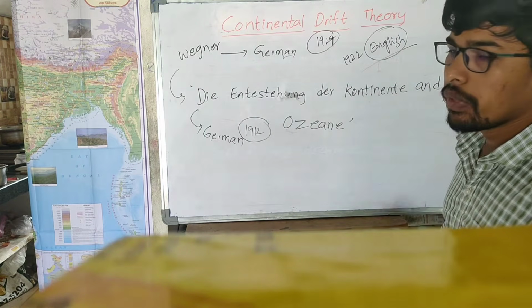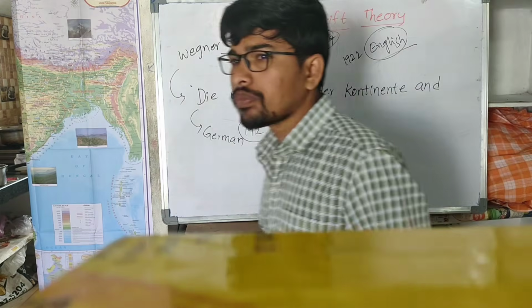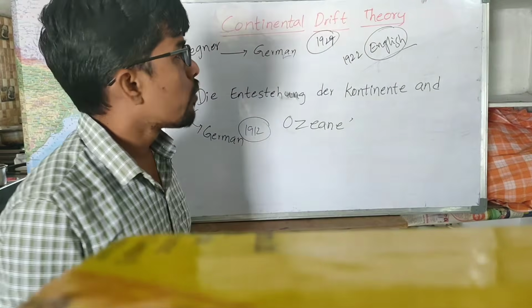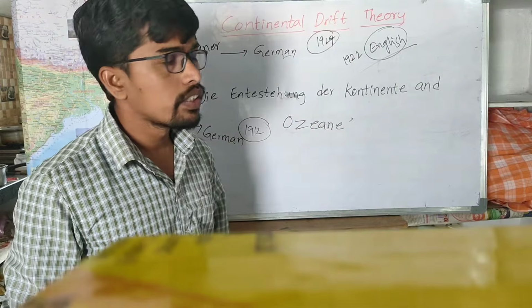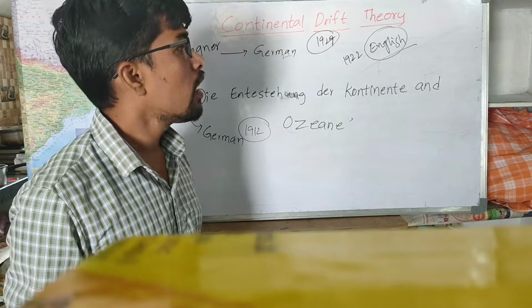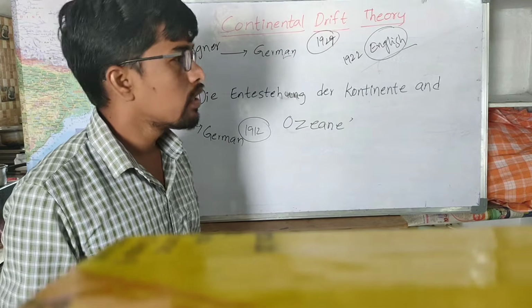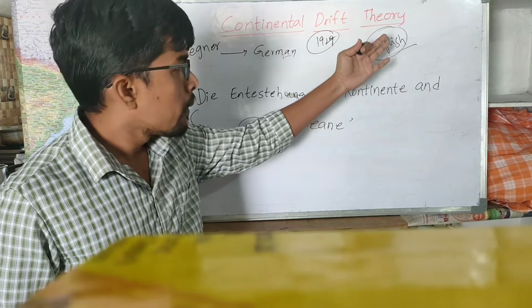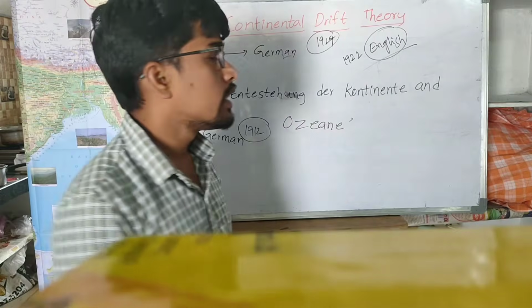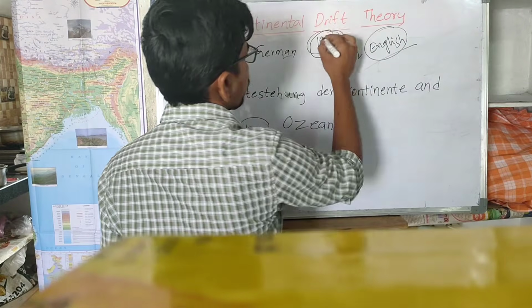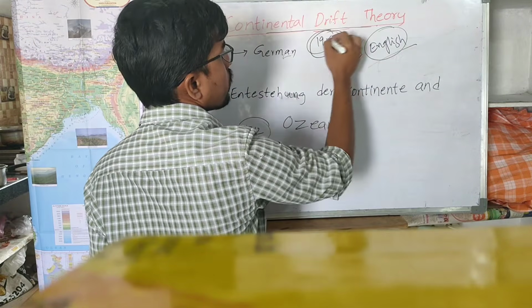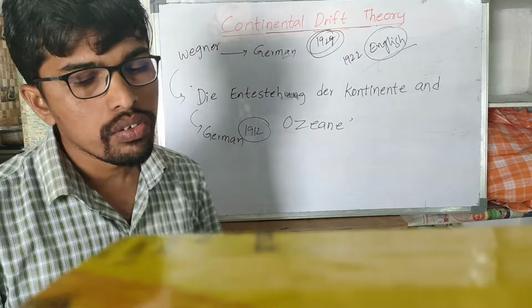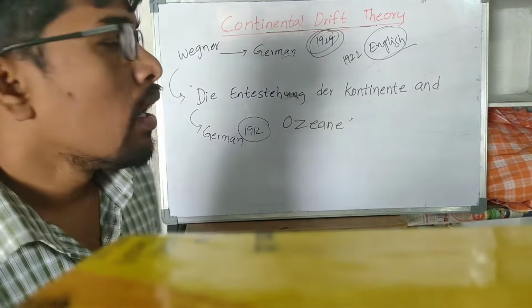Then only the continental drift theory came into light in 1924.